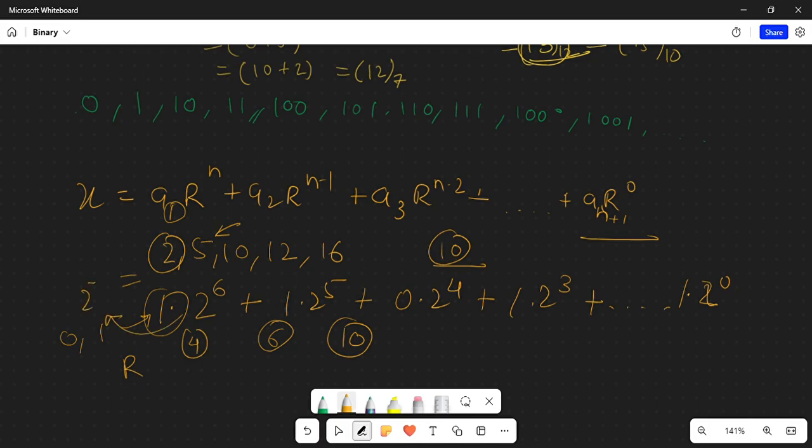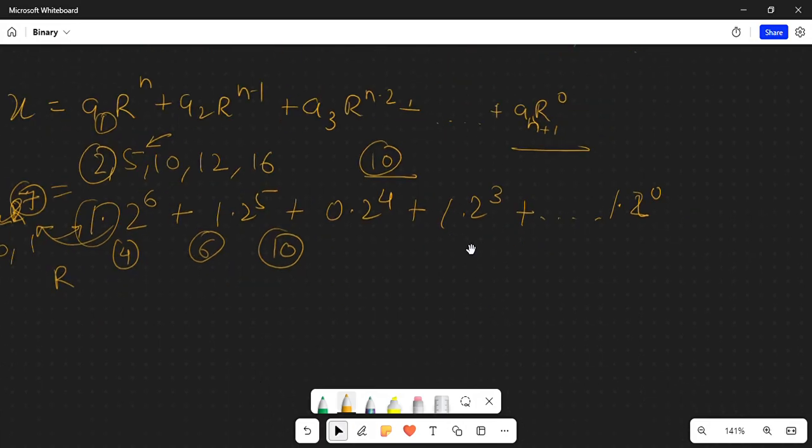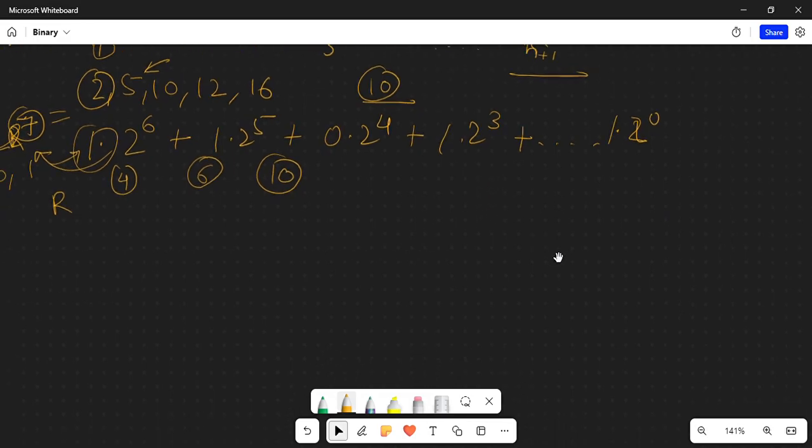Each term has the radix raised to a power and a coefficient less than r, and whenever the coefficient exceeds r, there would be an increment in the power. So this is the general method to convert from decimal to other systems. It might not be very clear to you right now, but you could have a look at the binary number system and conversion just for illustration.